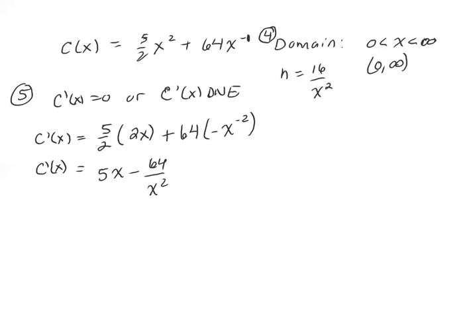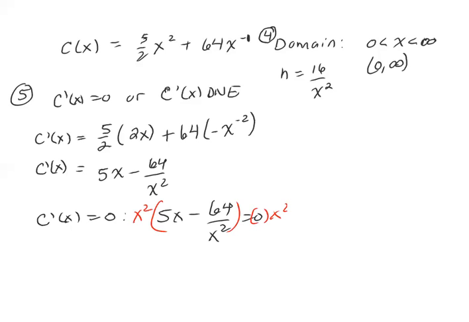Let's find where this is equal to 0. C prime of x equals 0 gives me where 5x minus 64 over x squared is equal to 0. I'm going to multiply both sides by x squared, which tells me, if I distribute the x squared, that 5x cubed minus 64 is equal to 0. I will add 64 to both sides.